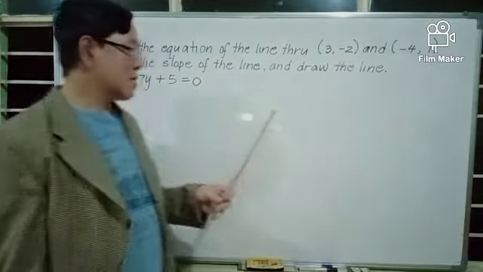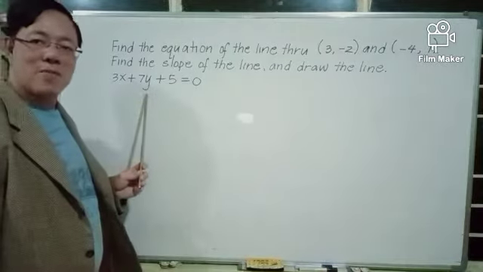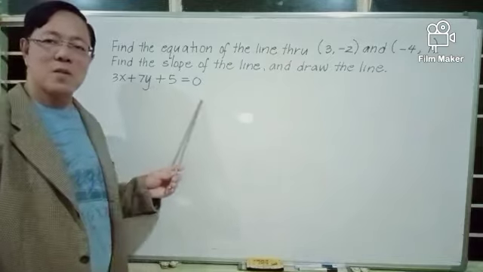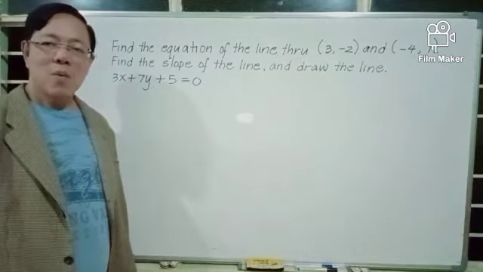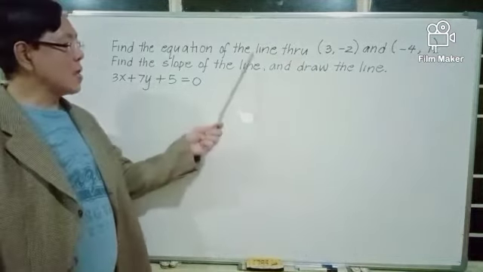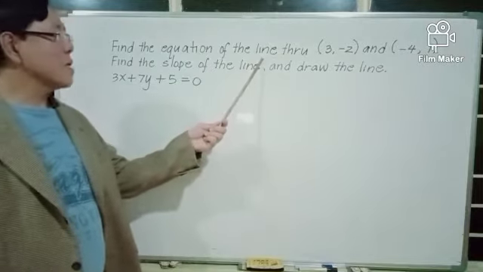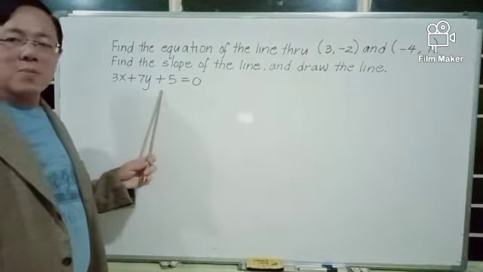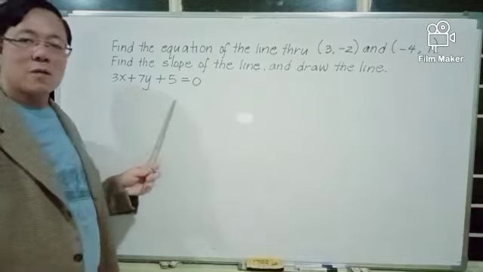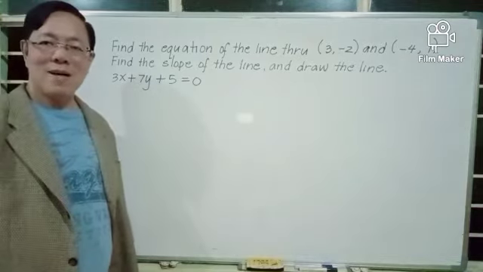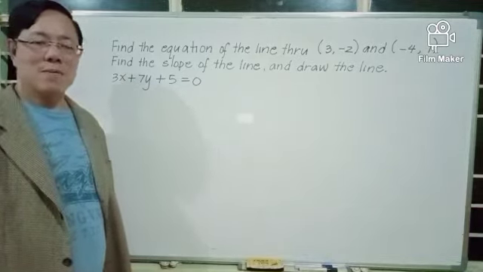And that line has equation 3x plus 7y plus 5 equals 0. But what we will do now to draw the line is to find the intercepts of the line from its equation, and we connect the intercepts with a straight line.